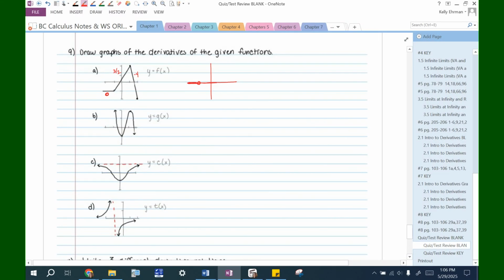And then a slope of positive 1.5. So I'm going to put that here until I get to here. Until I get to here. And then a slope of negative 4. So like down here. That's that first one.